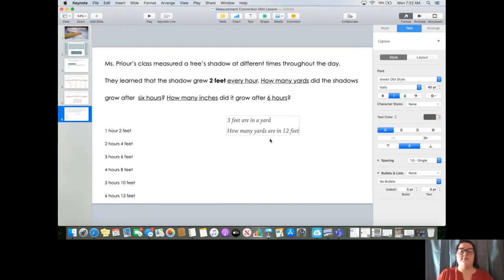This we can divide 12 by 3, or we can skip count by 3s until we get to 12. I want to go ahead and divide 12 by 3.